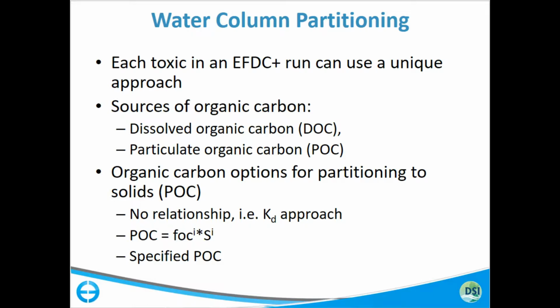You could have different coefficients, but the approach was set by the first toxic. With EFDC Plus now, every toxic can be its own unique partitioning approach. You don't need to have the same approach for all the constituents in a run.